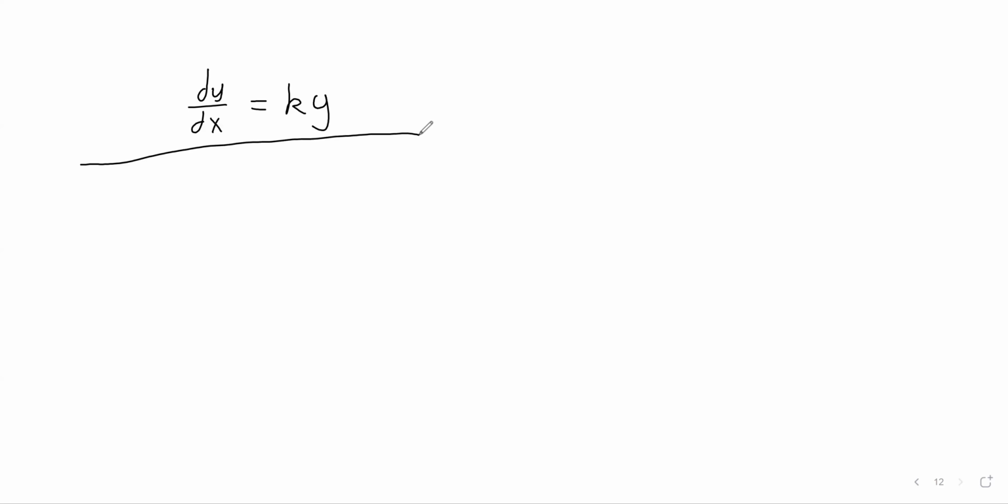So this is separable, just like the previous example was. It's, in fact, simpler than the previous example, in the sense that when you integrate, there are no variables on the right at all. We just have k.